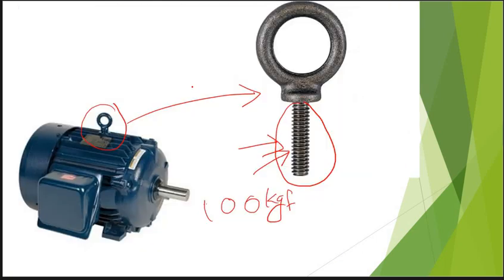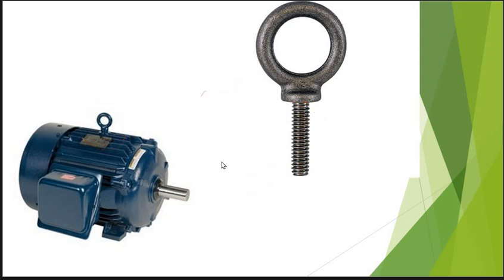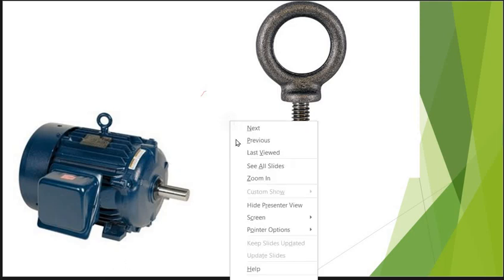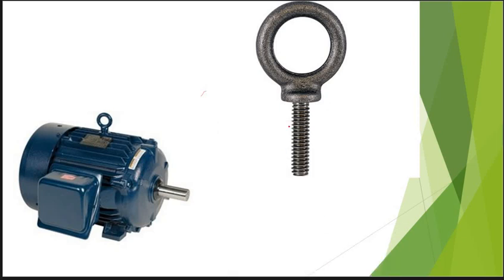So consider this figure. When we are using this eye bolt for lifting this electric motor, the weight of the electric motor is acting downwards.